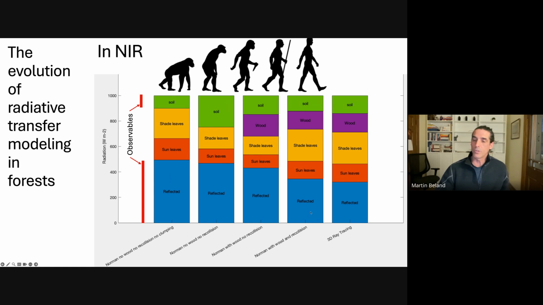And on the fourth one, we've got the wood interception and the recollision probability, which brings the albedo down and is very close now to what the 3D ray tracing modeling would give us, which I suggest is probably close to reality. At least we know that the albedo is reasonable, and we know that the amount of absorption by the soil is also reasonable.